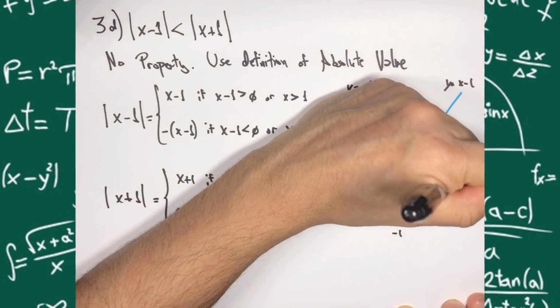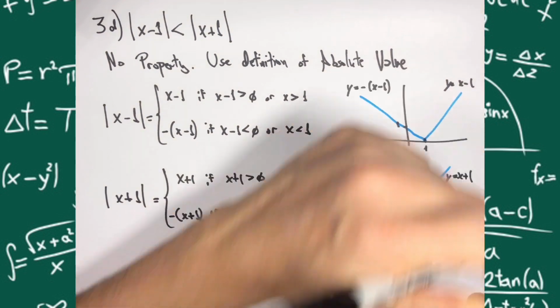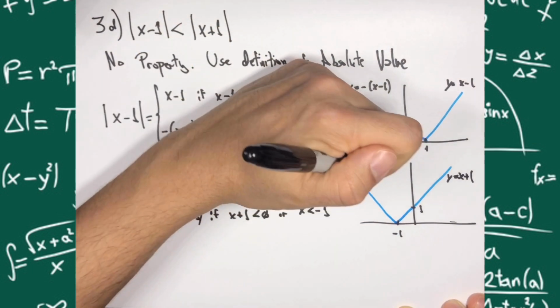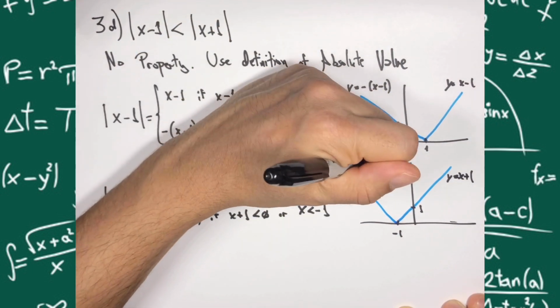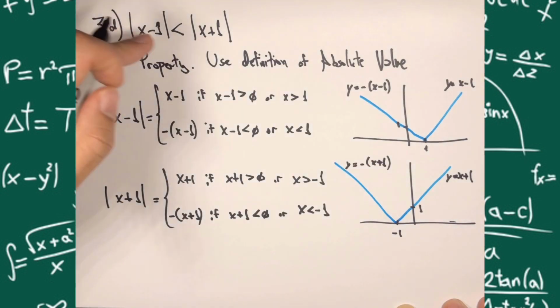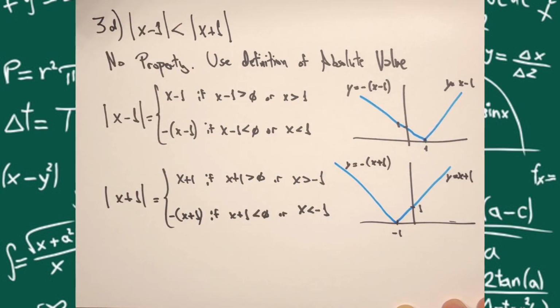Okay, so here's the x plus 1 absolute value function, x plus 1 for the positive part, and minus parenthesis x plus 1 for the negative. And here we go. Now we have both functions represented analytically and graphically. Okay, this is the definition of absolute value.